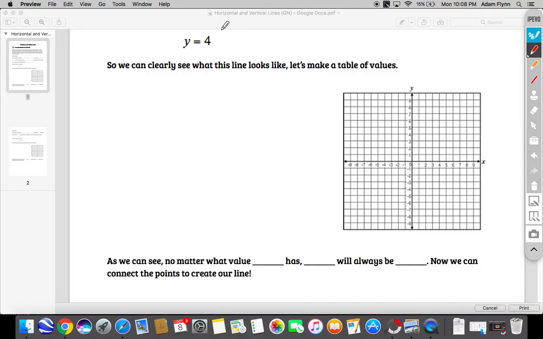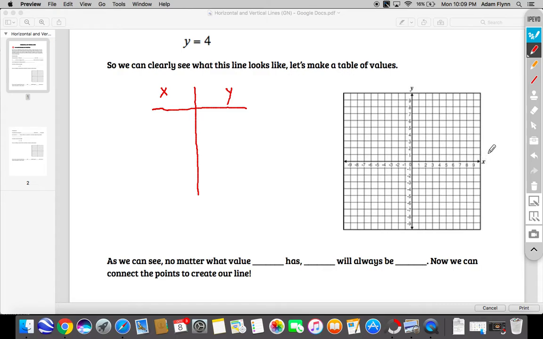So in order to graph this, let's make a table of values. A table of values is just a chart of numbers that represents ordered pairs by row. So, first off, let's plug in some values for x.